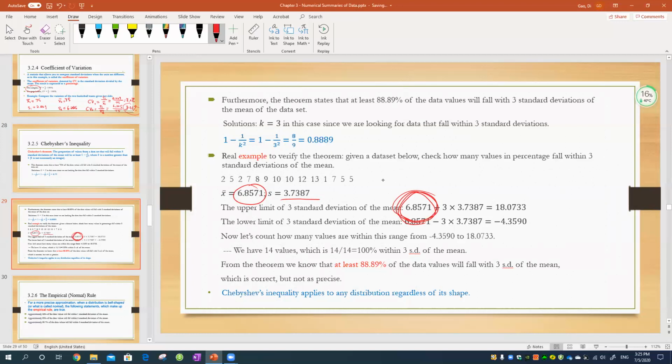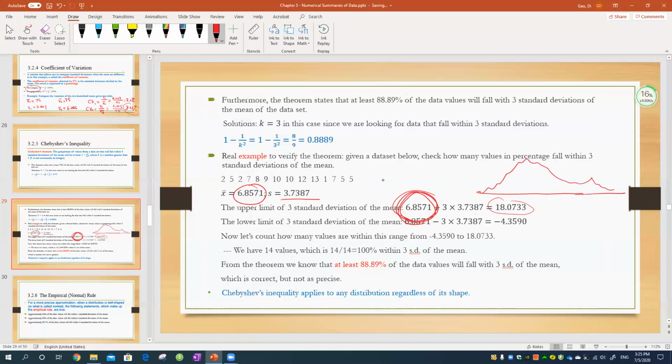What's that value? 3 times the standard deviation, so that makes it a value more than 9. And then plus the mean, so we have 18.0733.